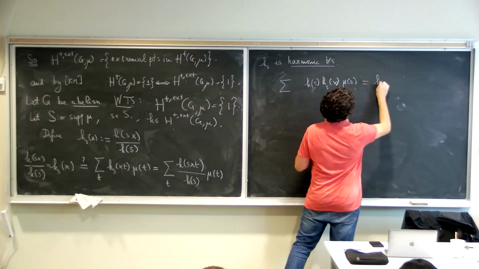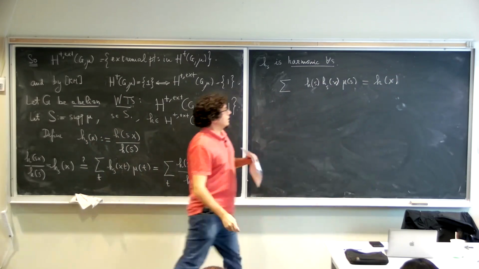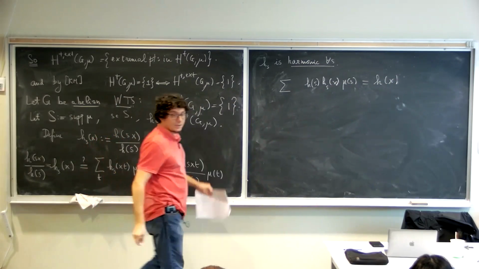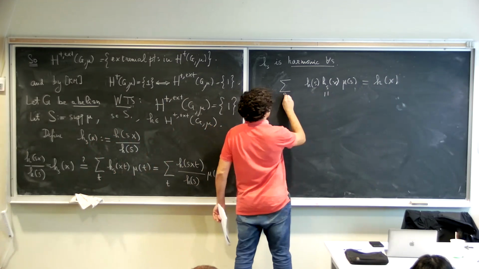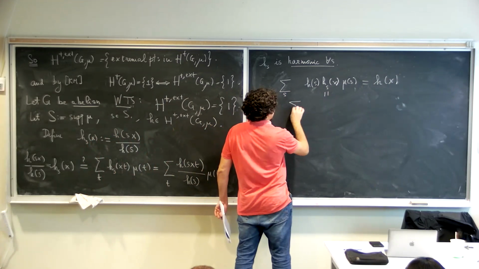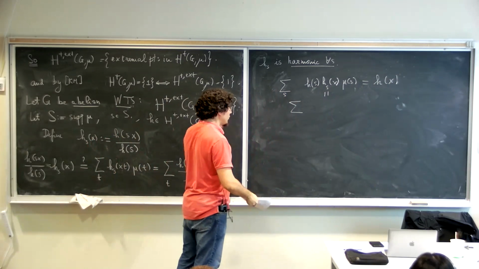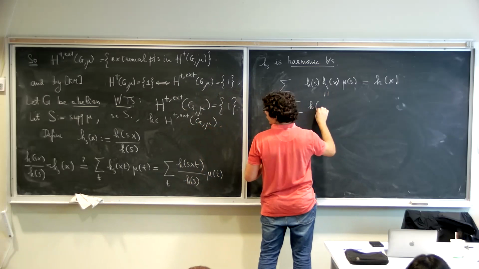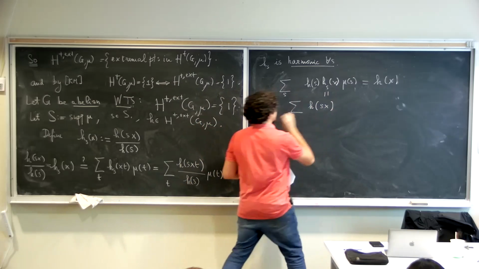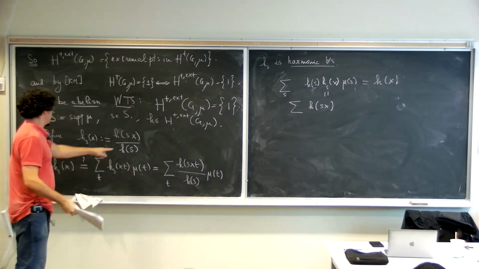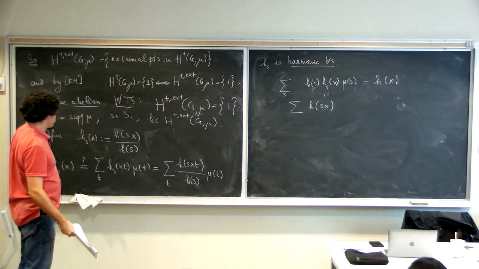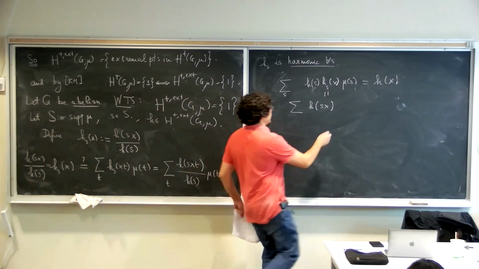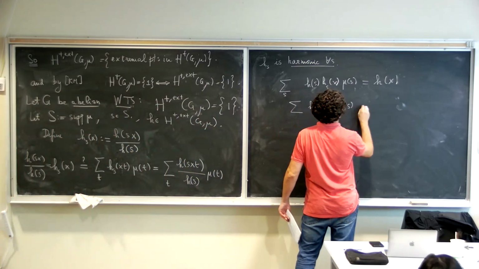This is H of X. So why is that? Let's see. So this one is, again, H of SX times mu S, and now here we're using the abelian condition.